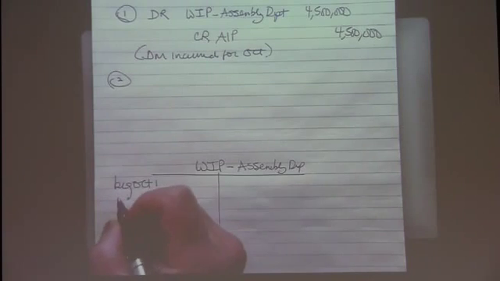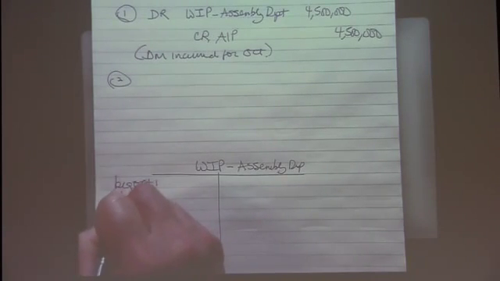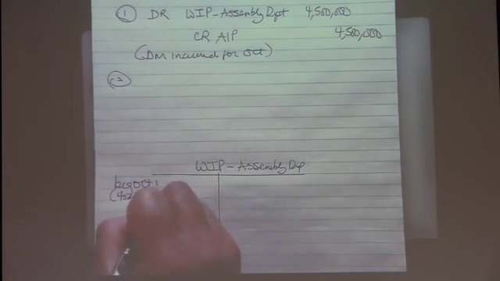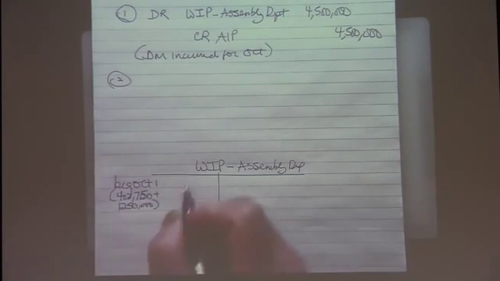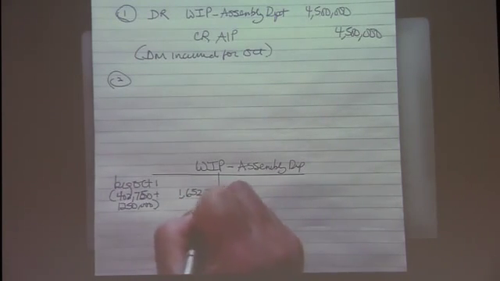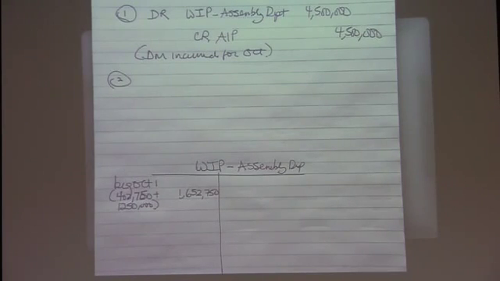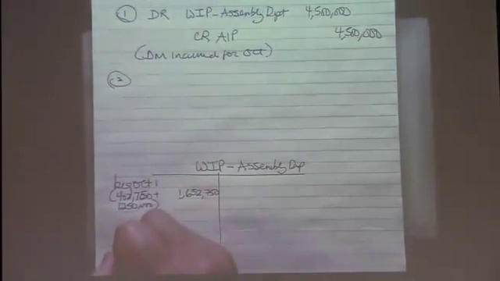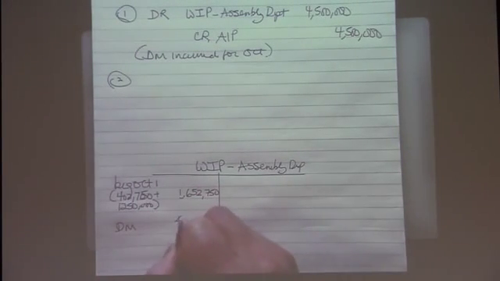So let me write that down in case you want to know how I got my number. 402,750 plus 1,250,000. That is 1,652,750. Now I'm going to debit direct materials here.